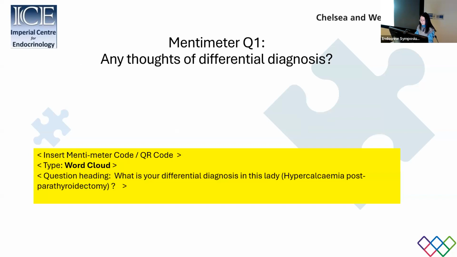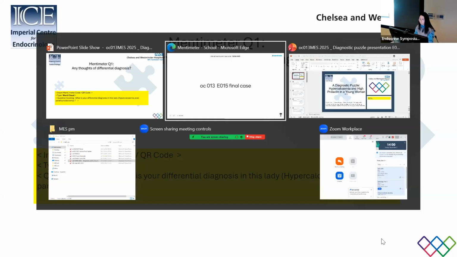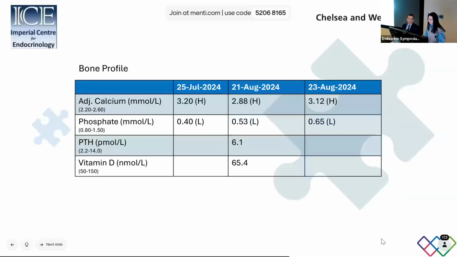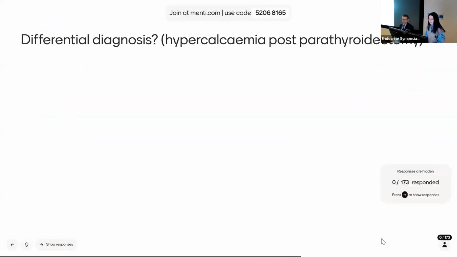Moving on to our first Mentimeter question: what would be your differential diagnosis in this lady who had hypercalcemia post-parathyroidectomy?